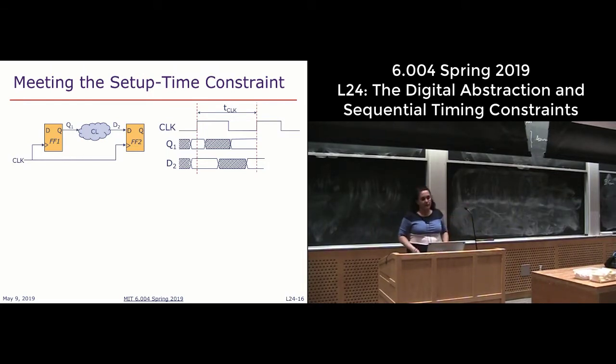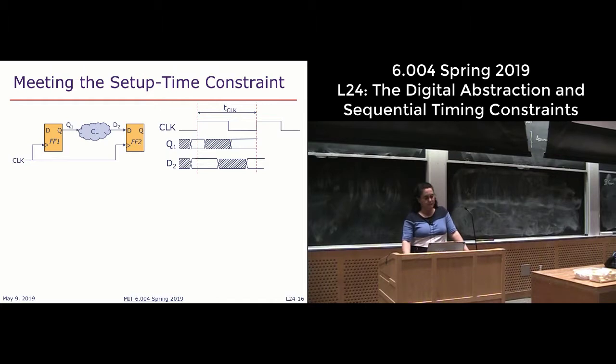But for the purposes of understanding these concepts, we're going to assume that all of our registers are the same. So what has to be true about my clock period in order to make sure that I'm satisfying my setup time?